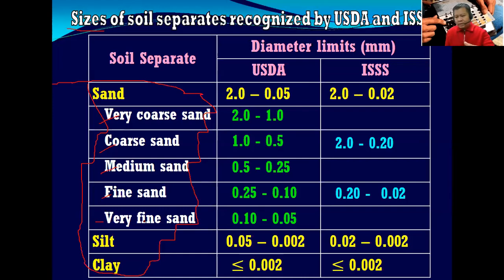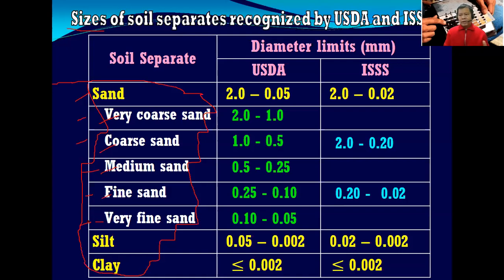So I hope you will understand the implication and the importance of soil texture. Likewise, which of these soils will hold more water? The answer is the ones with smaller textural diameter.